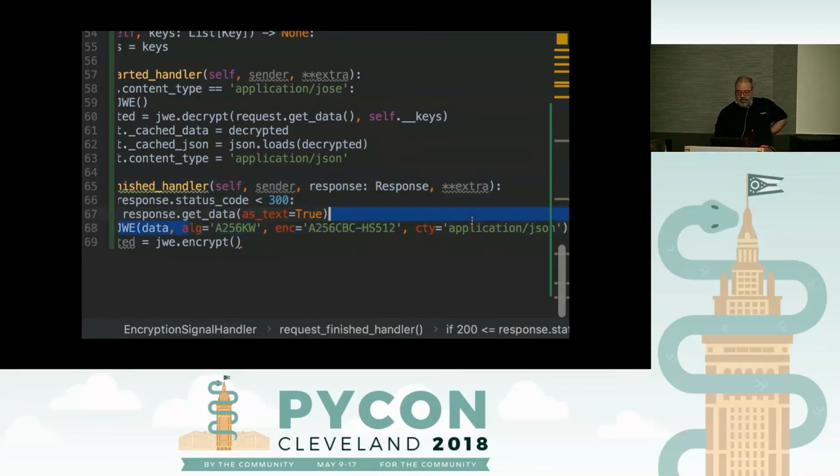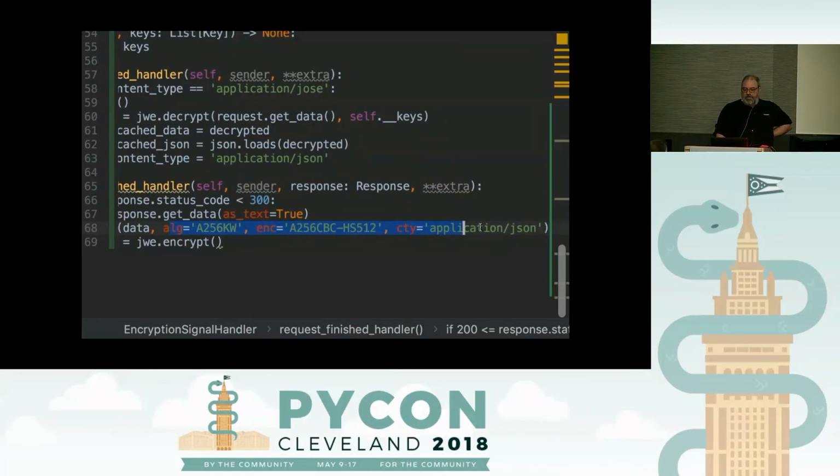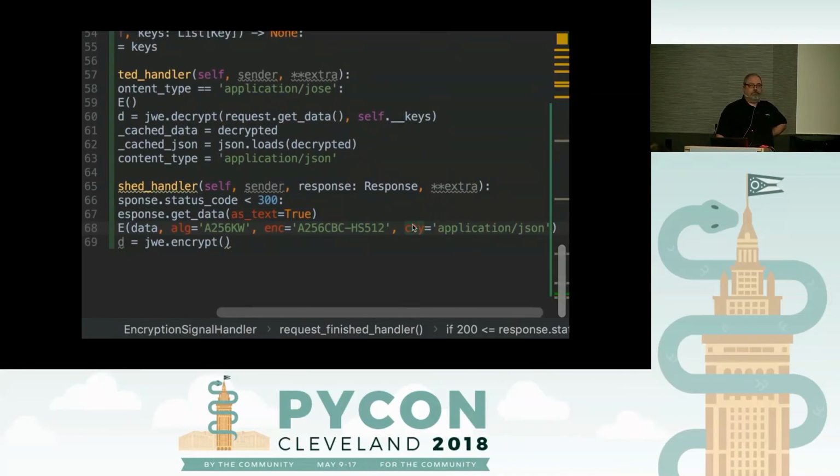The last ones. Okay, so ALG equals A256KW, ENC is encryption, A256CBC-HS512, CTY, which is content type, equals application JSON. And the CTY is optional.